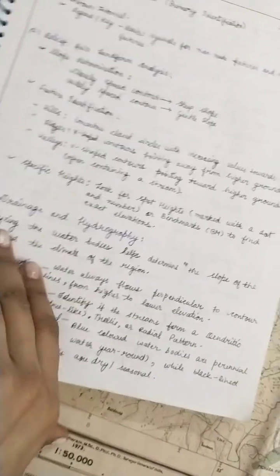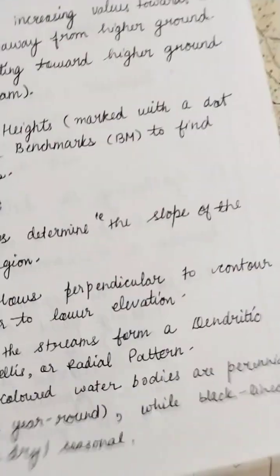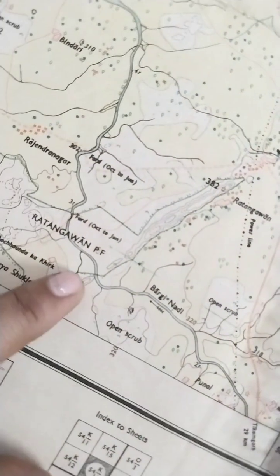Another point is drainage and hydrography. For example, this is Nandanwara Tal. Similarly, there is vegetation, which is basically marked with green color. You can easily see it. For drainage, you can see the streams and rivers; they will be mentioned in the map. Next point is, as I told you, natural vegetation and land use.